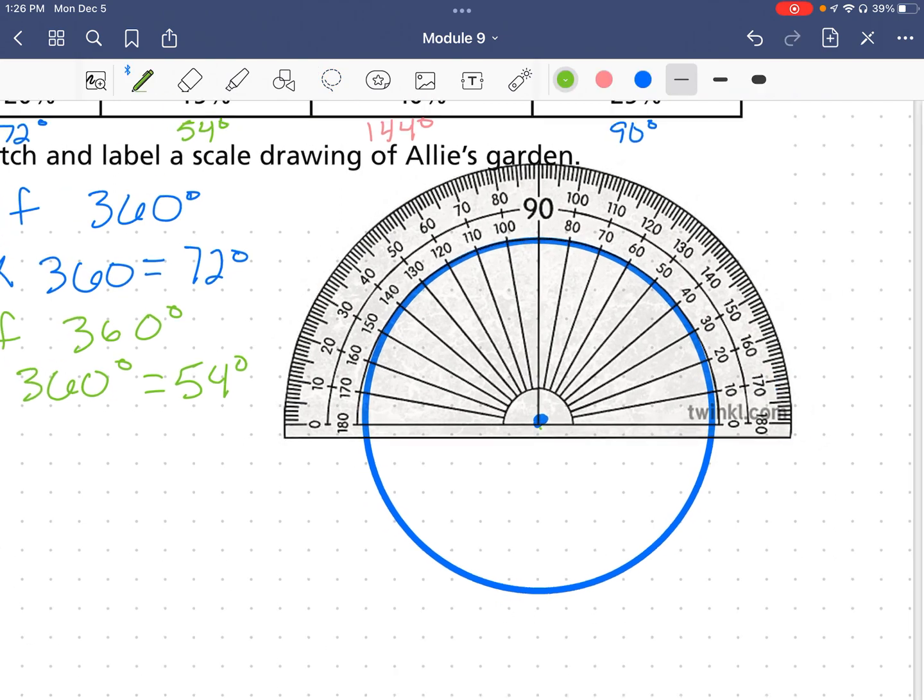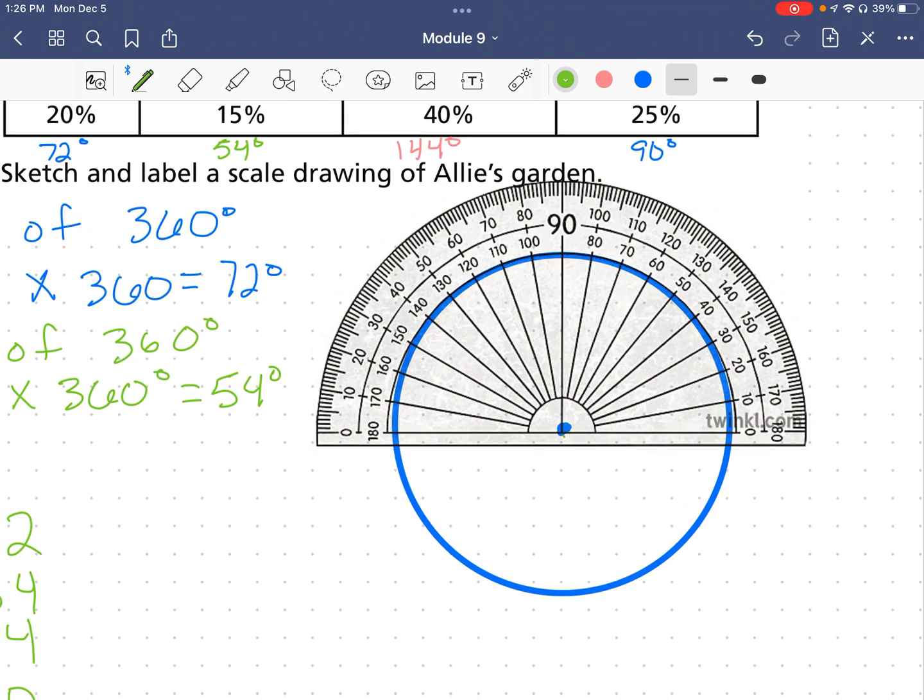And our first one is 72 degrees. So if I'm starting here at 0, this will be my first line. It'll be 0 degrees. I need to make my next line at 72, so I'm going to go all the way up until 50, 60, 70, and I'm going to go just past that.